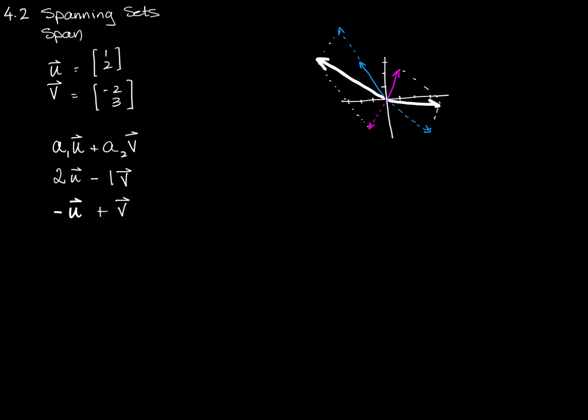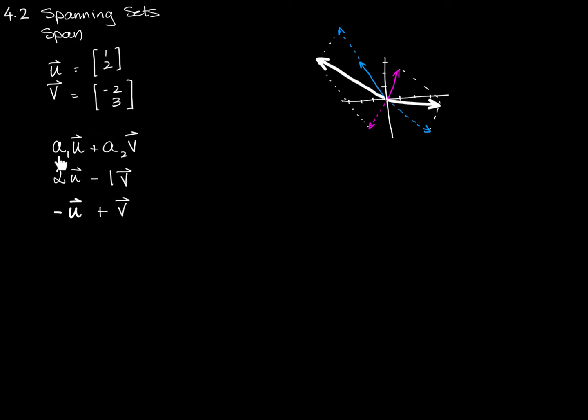So I get this vector here. And then what if I said, actually, I could do this forever, right? In this context, there is actually an infinite number of ways that you can combine the vectors u and v.